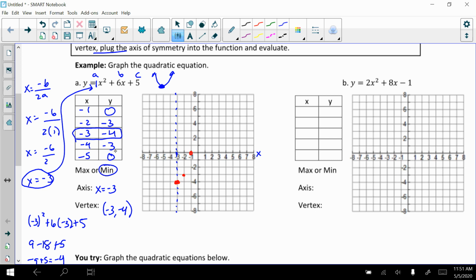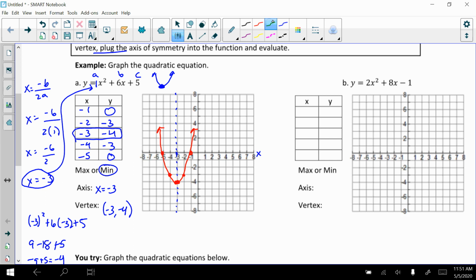Let's plot these points now. -4, -3, left 4, down 3. -5, 0, left 5, and I don't go up or down. So there's my points. Now I'm just going to do my best to connect these things. I'm not much of an artist, so it won't look great, but I'm sure yours will look better. I just connect the points, continue the pattern going up, and I've got my parabola.